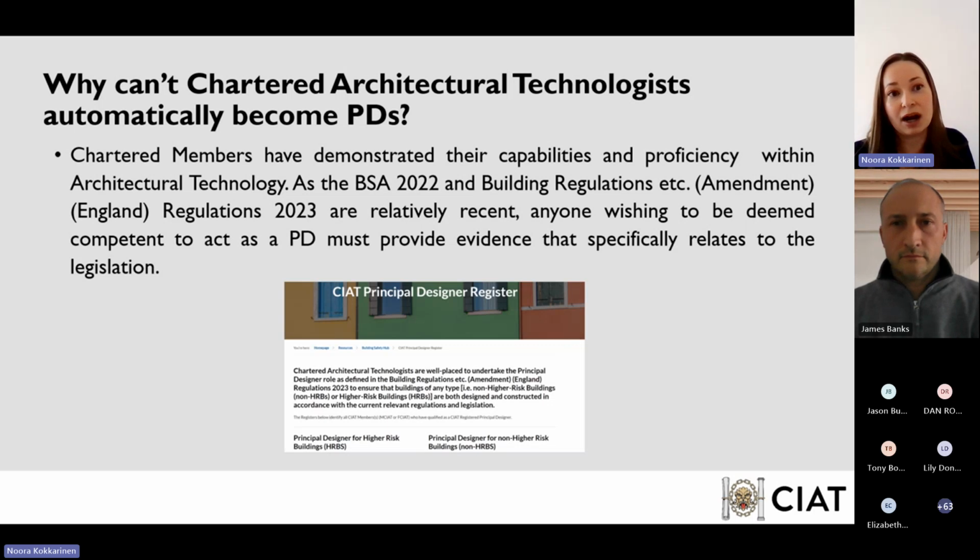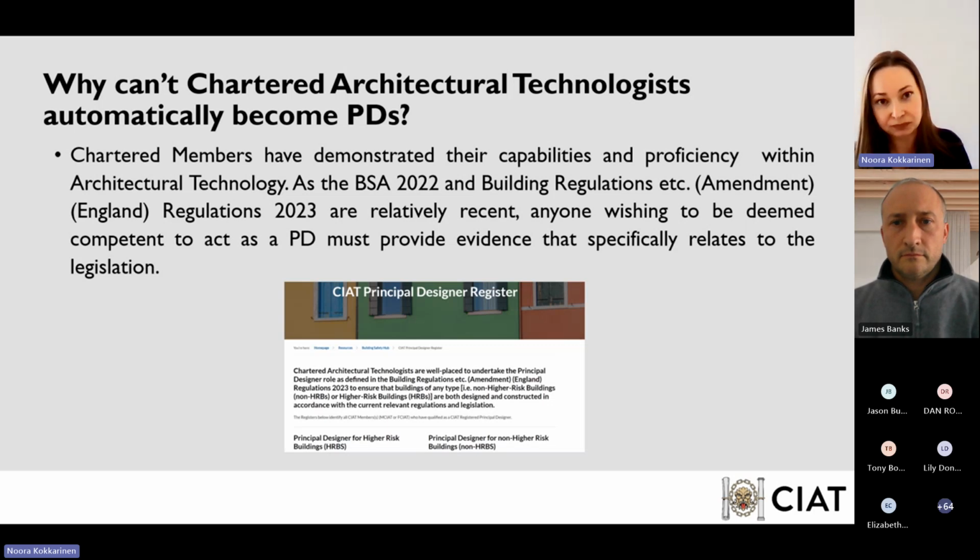And so the reason why we have decided that we will not accept submissions or applications from anyone that isn't chartered with us is purely because these are sort of separate checkpoints that we have put in place as the Institute.